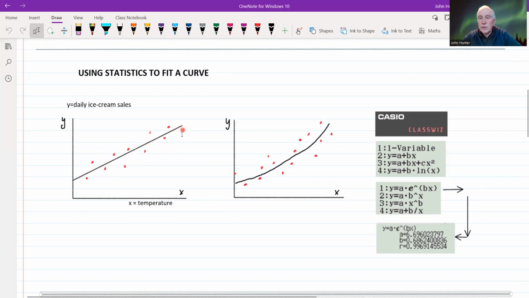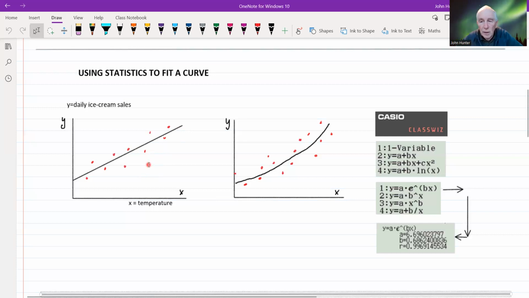Now, in statistics, in order to find out more about this, if you look at the videos in the data section, you'll see that we do this rather more scientifically. In actual fact, what we will do using our calculators is find a way of minimizing the total distance of these points from the line vertically. That's what we aim to do.